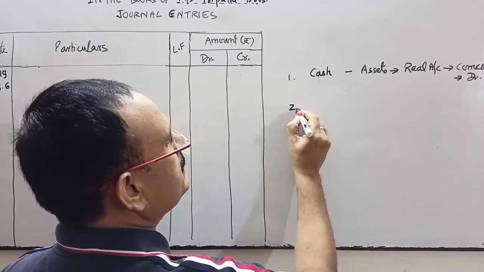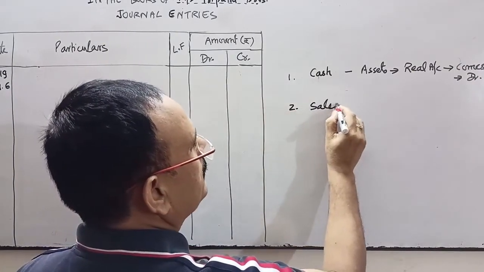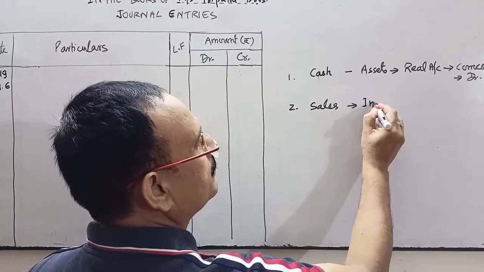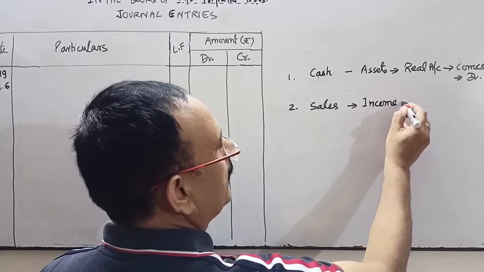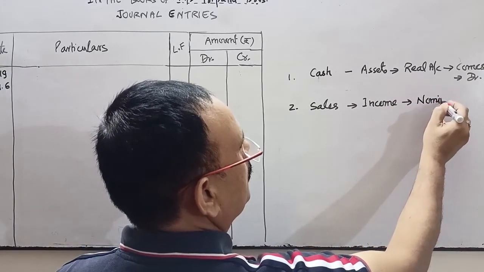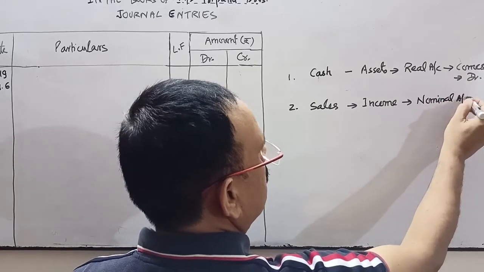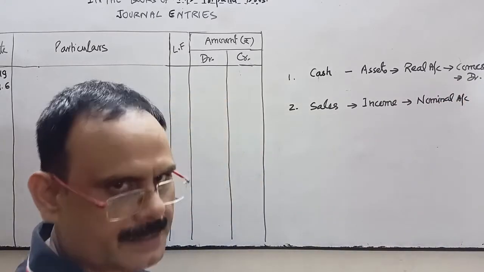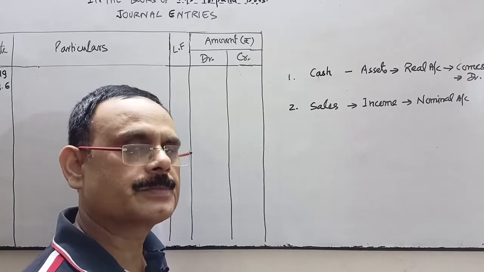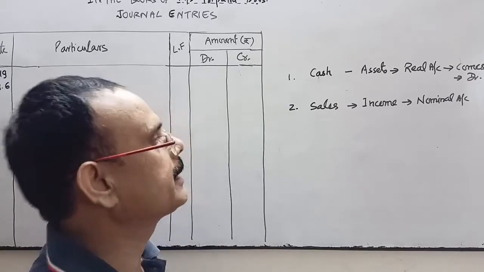The second account is the sales account. Sales is an income, and all incomes and gains come under nominal account. You know, expenses and losses also come under nominal account.